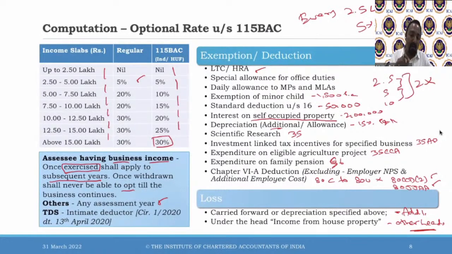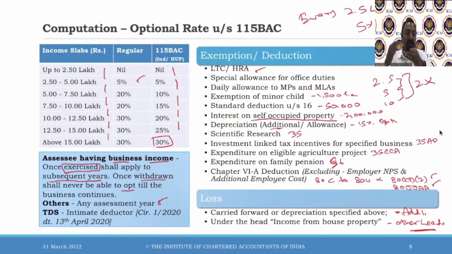If they opt out, that is, if they withdraw in one particular year, then for the rest of the period of the business, they cannot opt for this provision again. So remember this alone: with respect to this provision, if they have business income, it is a one-time option. Once they have opted, they cannot come out.